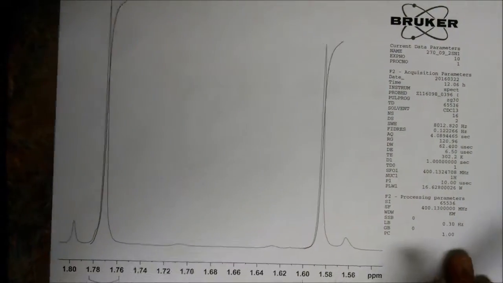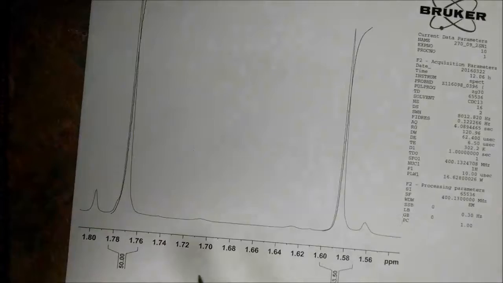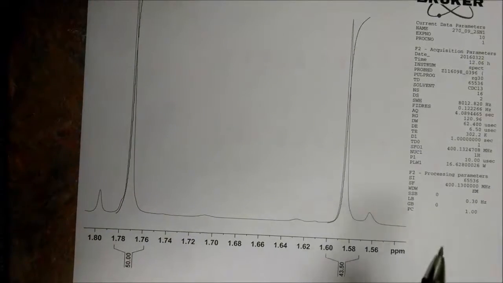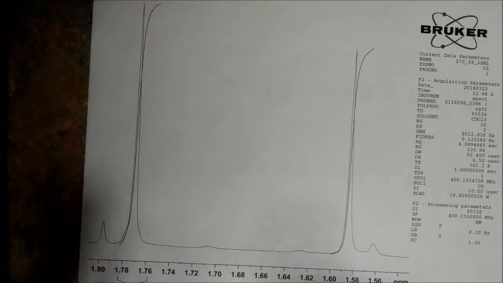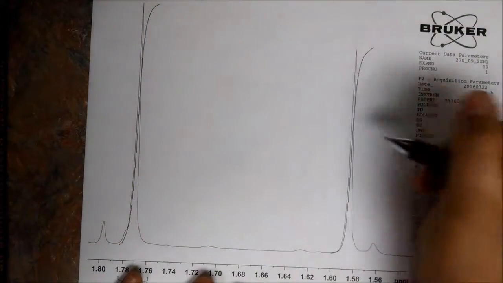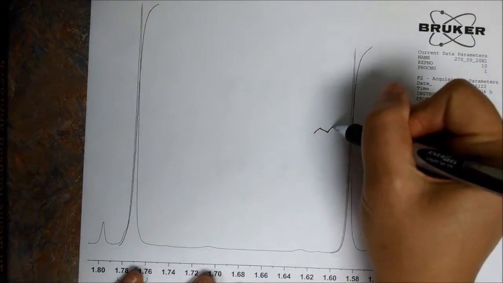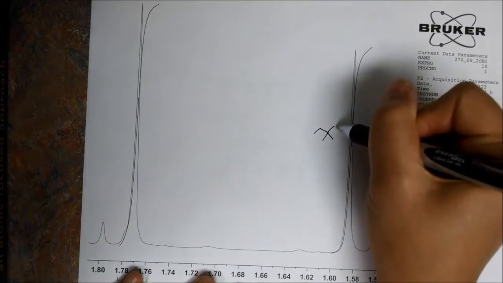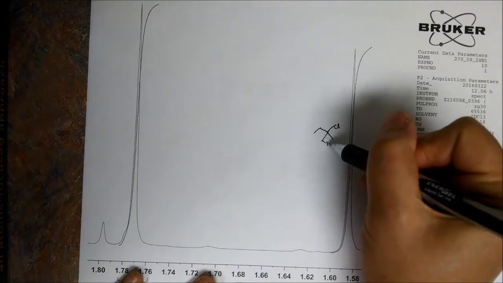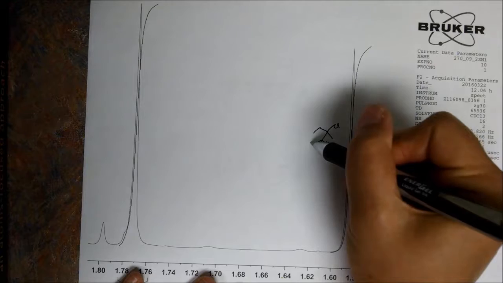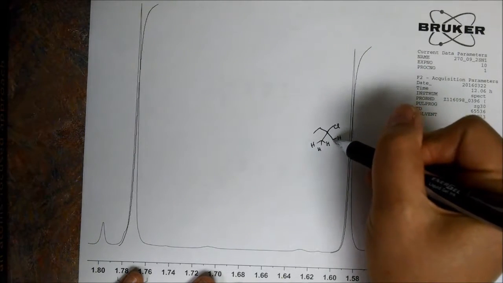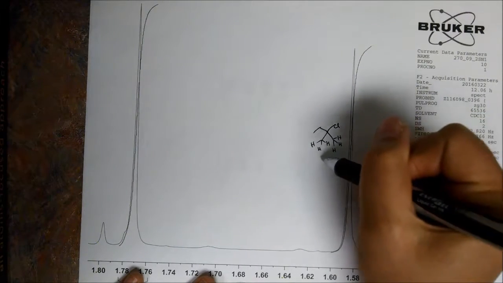But this is what we're going to be looking at, just a very small window of the entire proton spectrum. And so these peaks actually correspond to these protons right here.